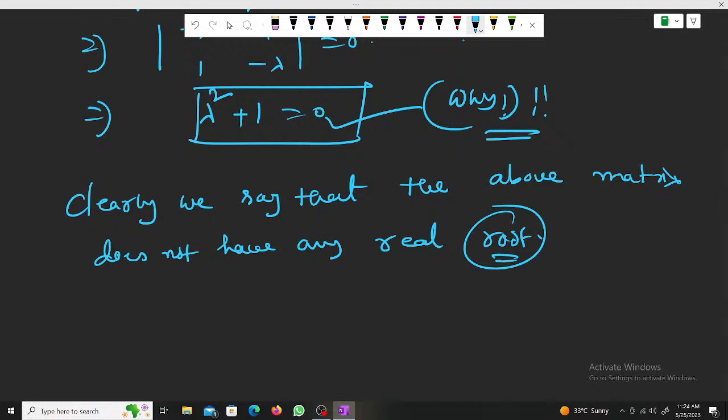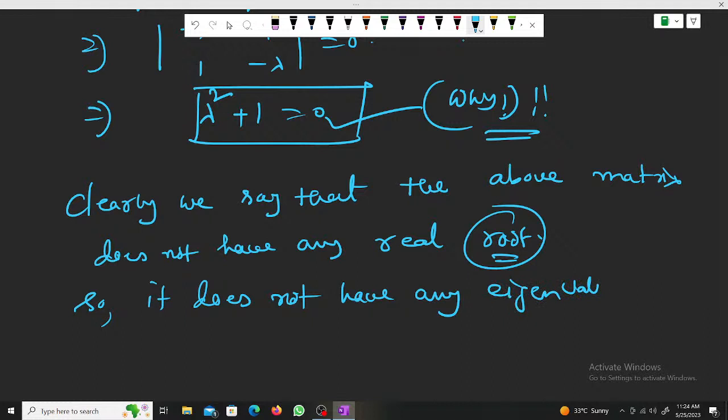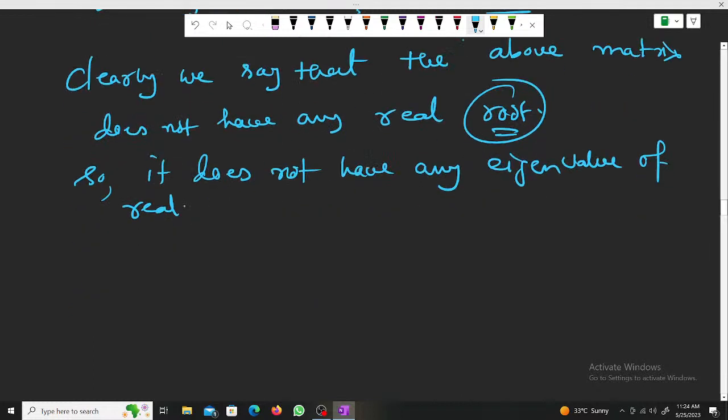That means it does not have any real root, so it does not have any eigenvalue of real, right? If we consider the field complex number, right?